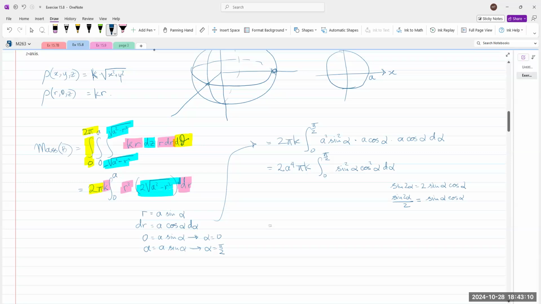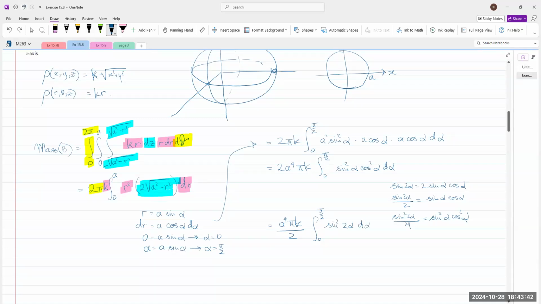When we square that, it becomes sine squared 2 alpha over 4. So that's a to the 4th pi k over 2, since 2 divided by 4 becomes 1/2, integral from 0 to pi over 2 of sine squared 2 alpha d alpha.